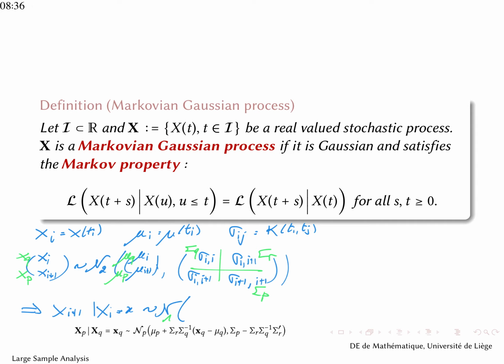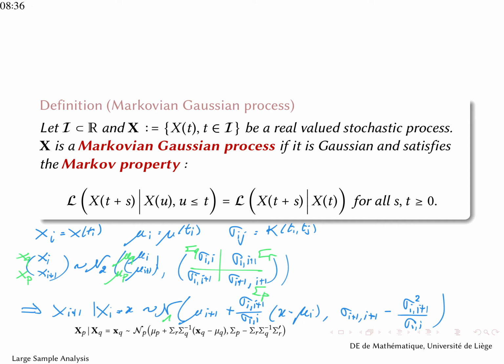As such, the mean of our univariate normal distribution will be mu I plus 1 plus sigma I plus 1 over sigma I times x minus mu I. And then the second parameter, we replace sigma p, sigma r, and sigma q with their respective variances or covariances. So we get sigma I plus 1 minus sigma squared I plus 1 over sigma I.